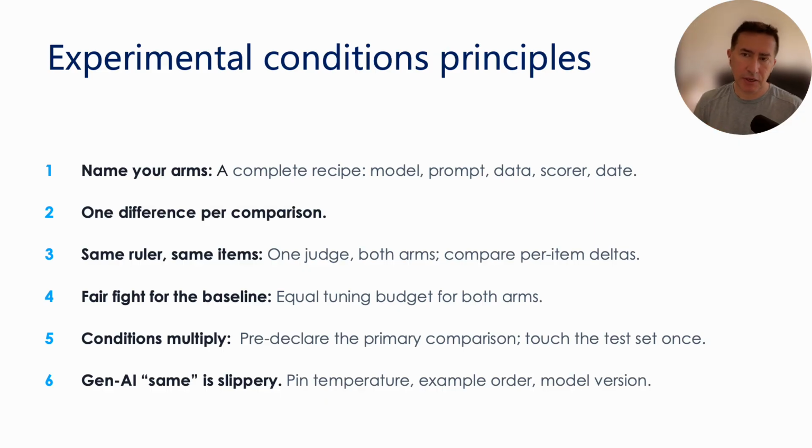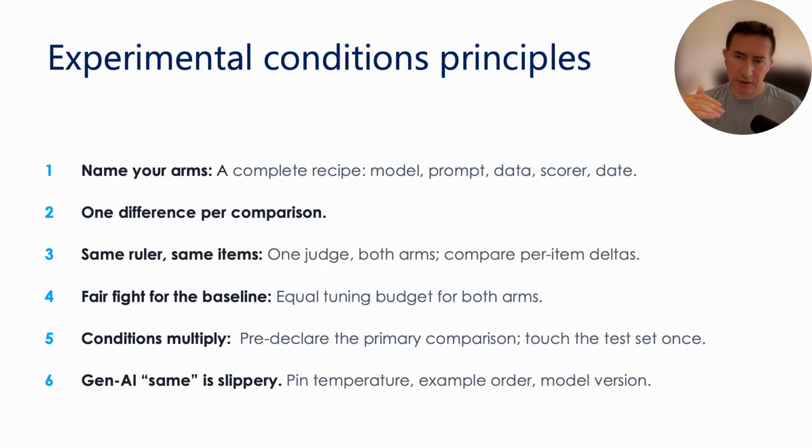So a few principles in terms of the experimental condition. One is give a name to each experiment arm, so to each recipe of your model, your prompt, your data. Give it a name so that you can clearly identify the experimental condition.